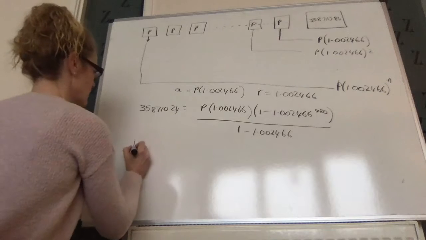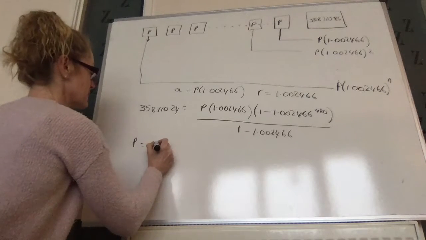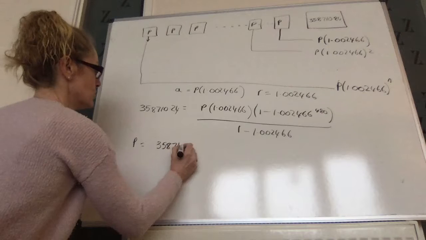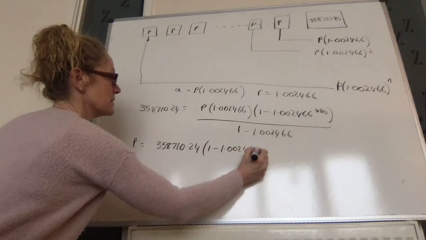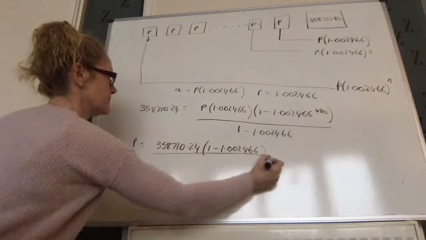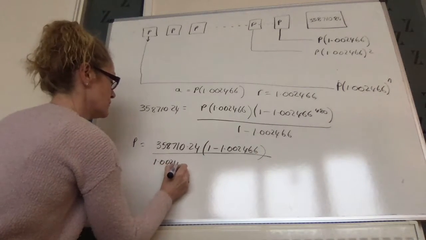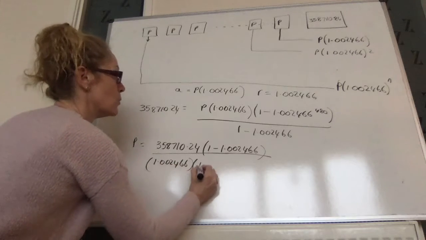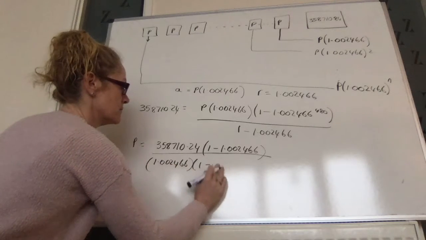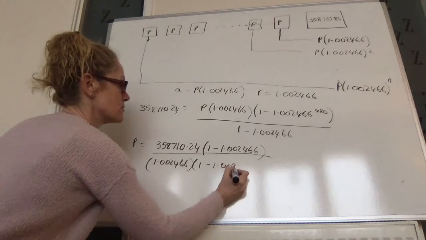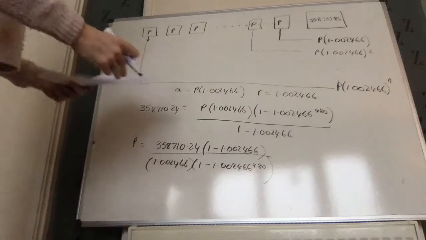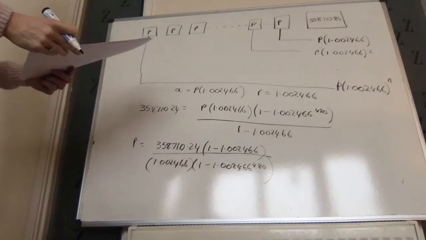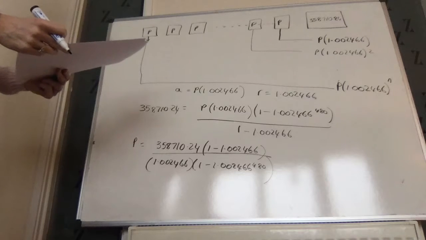So basically, hopefully you can see that, multiply both sides by that, P is 358,710.24 multiplied by (1 minus 1.002466) and divided by 1.002466 times (1 minus 1.002466 to the power of 480). Okay, and when you put that into the calculator, you get 390.17, I think I got.